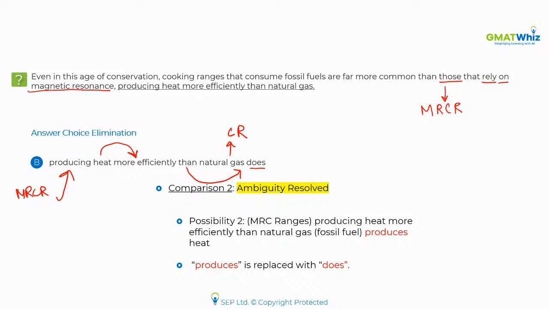All right. So clearly the verb here points out that we are talking about how the two cooking ranges are different. And therefore B is the correct answer.